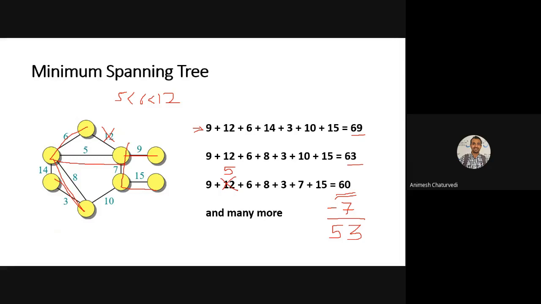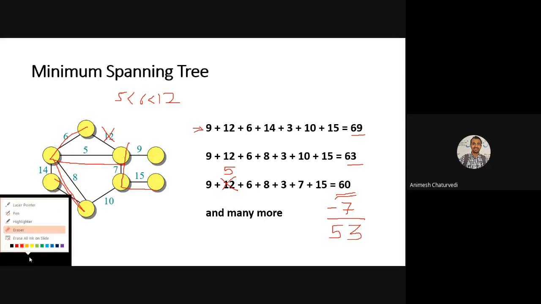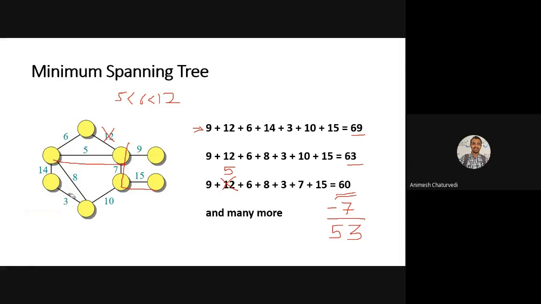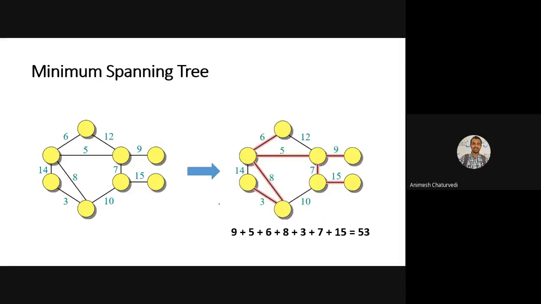This is how the graph looks. And you will have 53 as the minimum spanning tree.